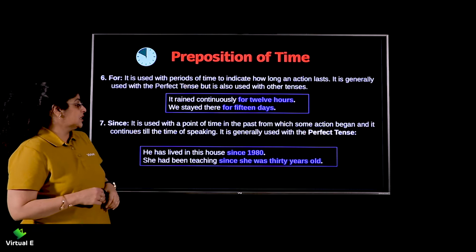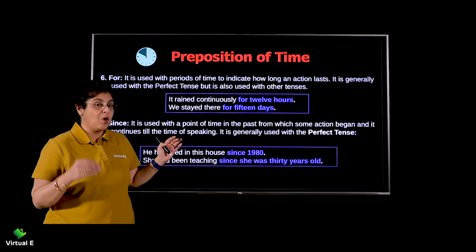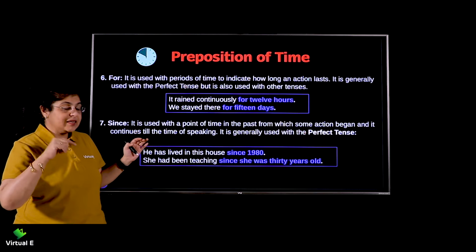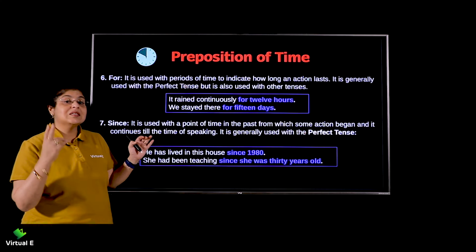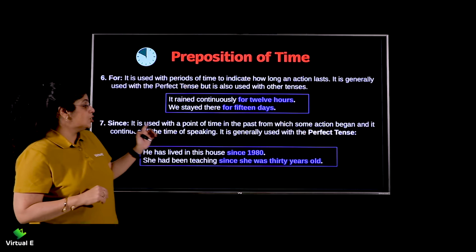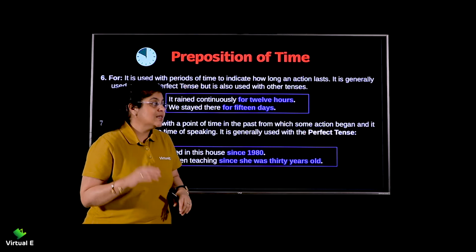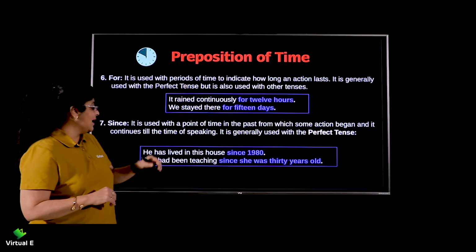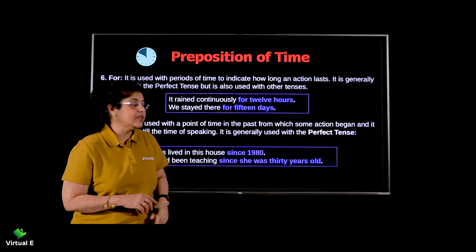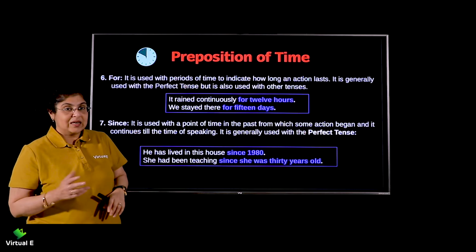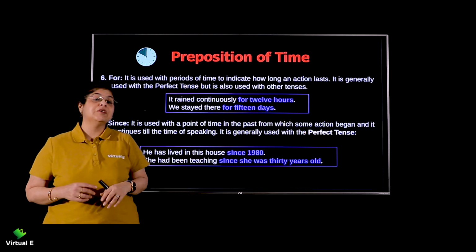Now, if I talk of since, now since, remember, is the starting point, SS. I had given you the same clue in your tenses module, since starting point. It is used with a point of time in the past from which some action began and it continues till the time of speaking. It is generally used with the perfect tense. Like I told you, since and for both are there to indicate your perfect tense.